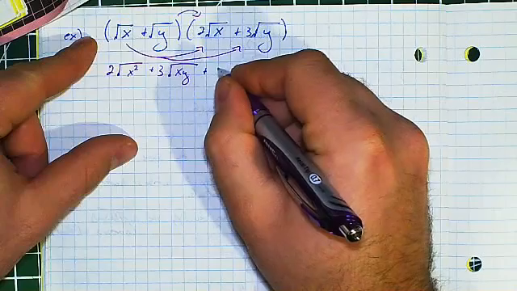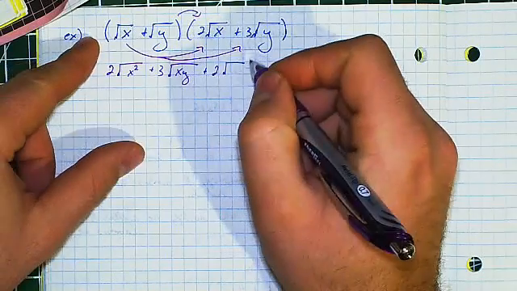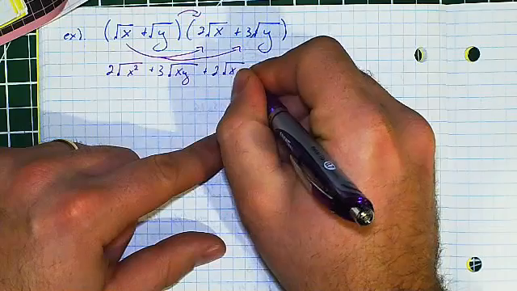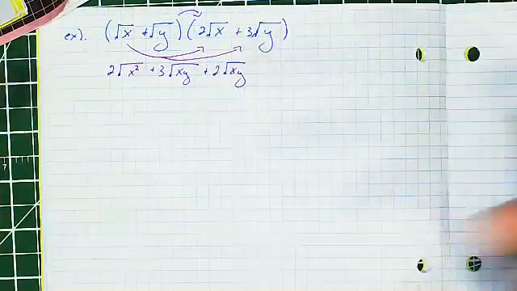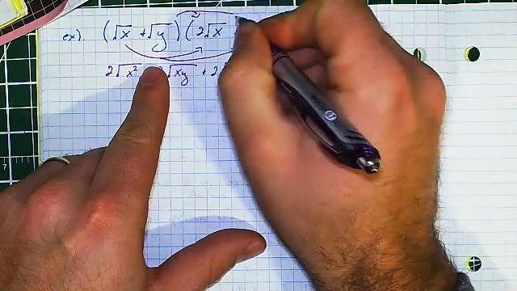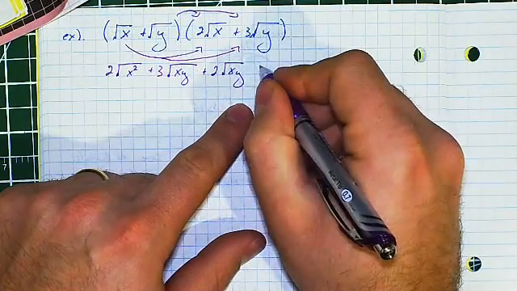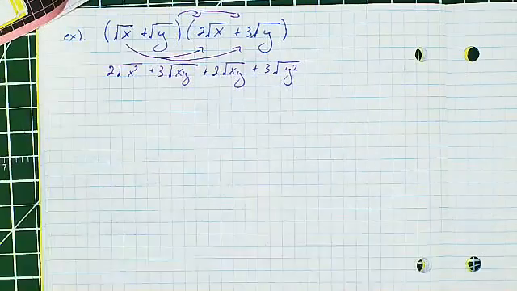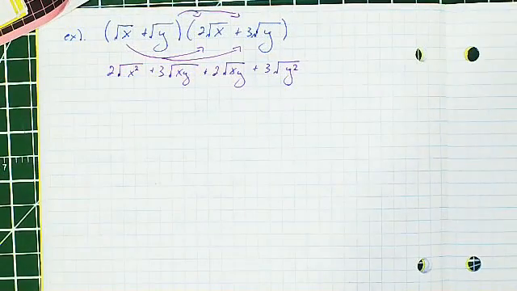And we keep going. Root y times 2 root x is going to become positive 2 root. Now it's technically yx, but if you rearrange them, it makes your life really easy later on when you go, oh right, xy and yx are the exact same thing. And root y times 3 root y becomes positive 3 y squared.